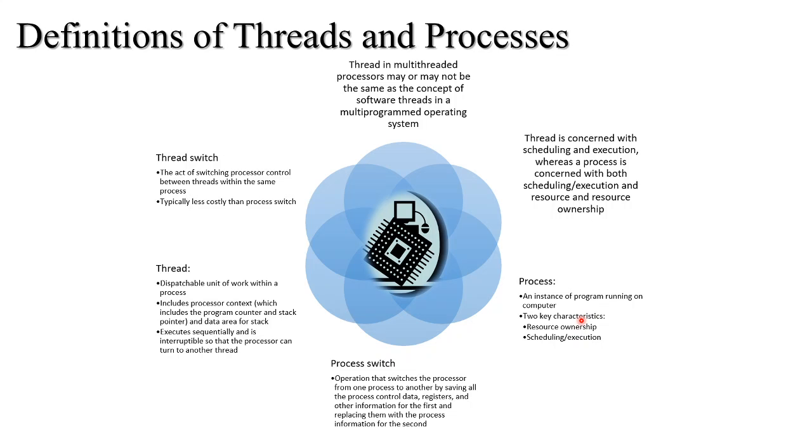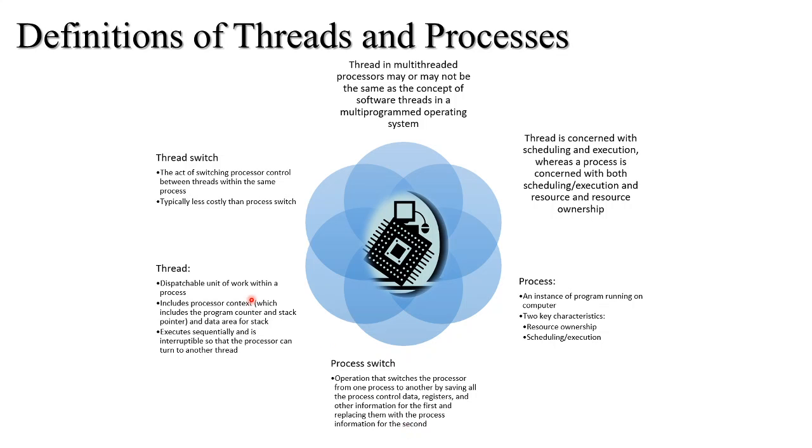Thus, a process has an execution state and a dispatching priority and is the entity that is scheduled and dispatched by the operating system. A process switch is an operation that switches the processor from one process to another by saving all the process control data, registers, and other information for the first and replacing them with the process information for the second.